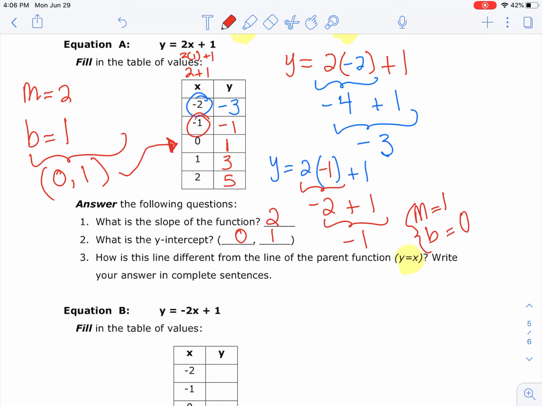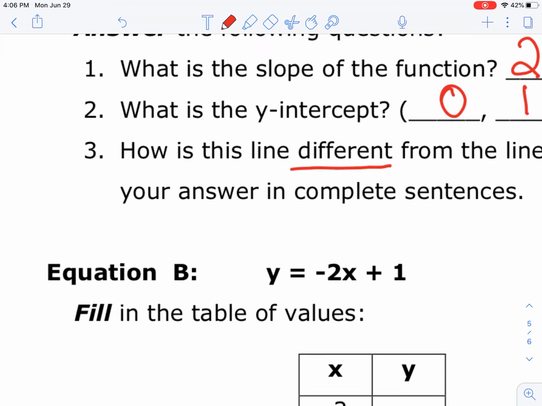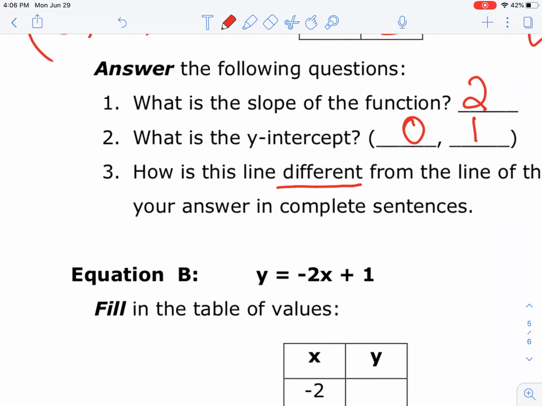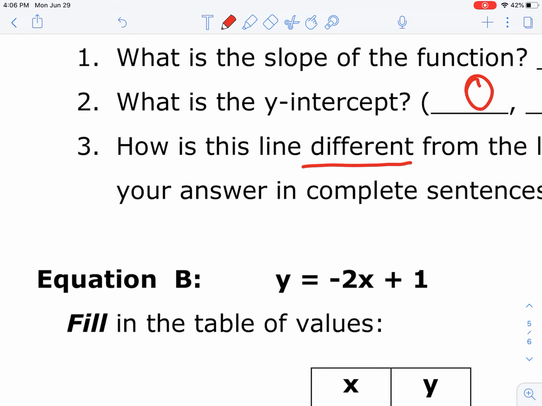So again, it says, how is this line different from the line of the parent function y equals x? Write your answer in complete sentence. So for me, I might say something to the effect of, because they want to know how is the line different, this one has a slope of 2.